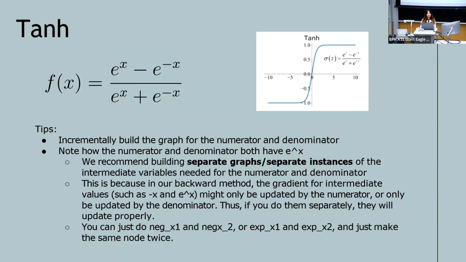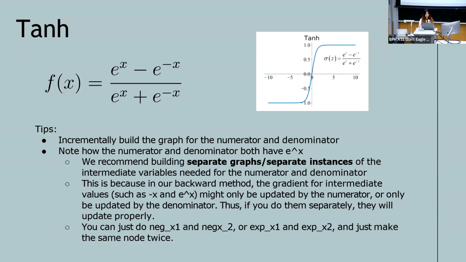And finally, we come to the tanh function. For the tanh function, it is a little bit tricky because we have 2 parts, the denominator and the numerator, and we want to compute them separately. We all know that both the denominator and numerator have e to the power of x and e to the power of minus x.